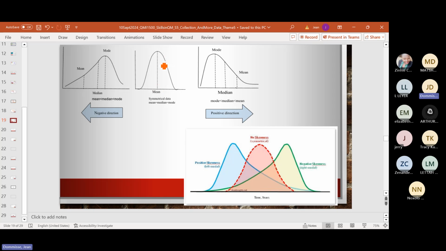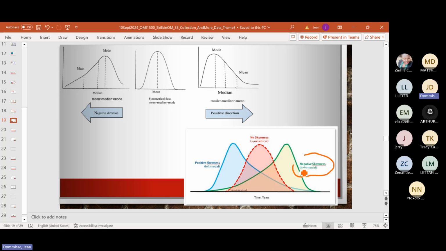The mean, median, and mode are all in the middle. You might have a negative skewness, and negative skewness and right skewed are the same.